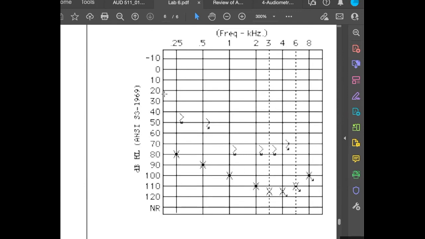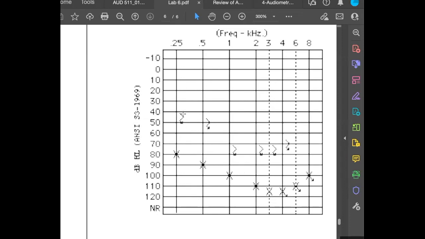unmasked bone conduction thresholds for the left ear, and it seems as though we have reached the limits of the audiometer, because that is what this little line with the arrow means. So whenever you see this symbol attached to one of your audiometric symbols, it indicates that you're unable to get a response from your test subject at the limits of the audiometer.